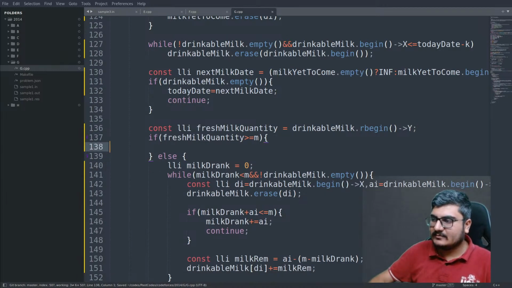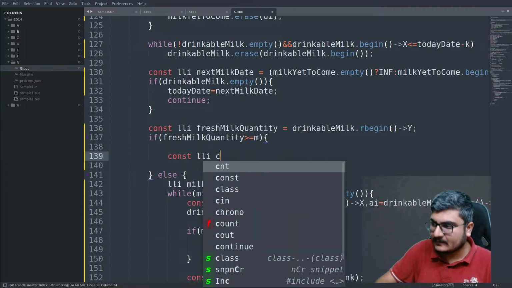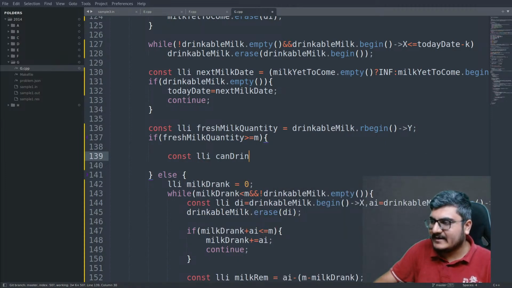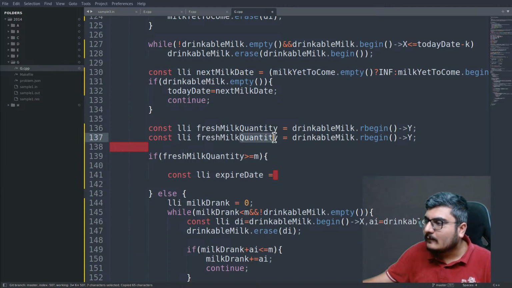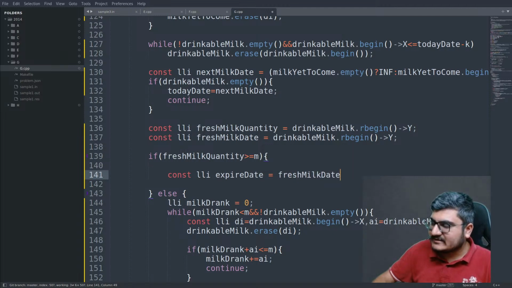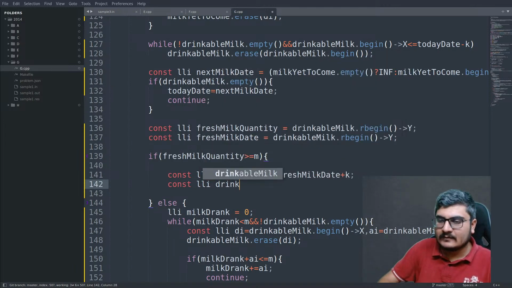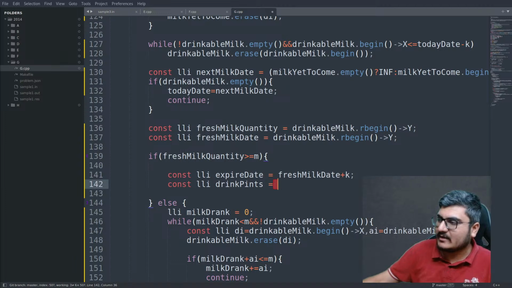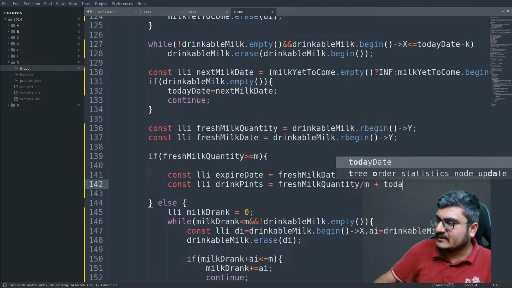If we have more than m milk, expired date: fresh milk date plus k is the date on which this will expire. We can drink up to quantity divided by m, plus today's date.